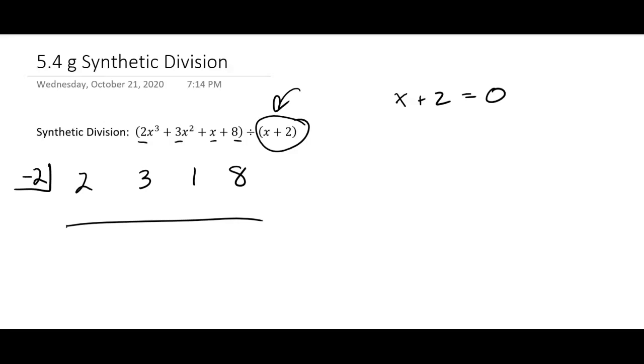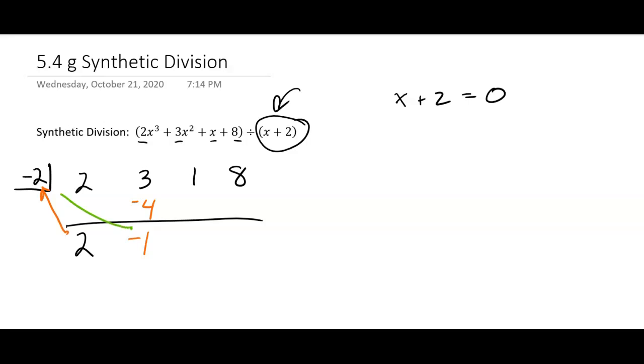Okay, you ready to do this? Bring the first number down, 2. Then, I don't remember what colors I even used. Take that times the -2, and that goes over a spot. So multiply, and then put it in the next spot over. Then you're going to add 3 and -4 is -1. And then we just continue that process.